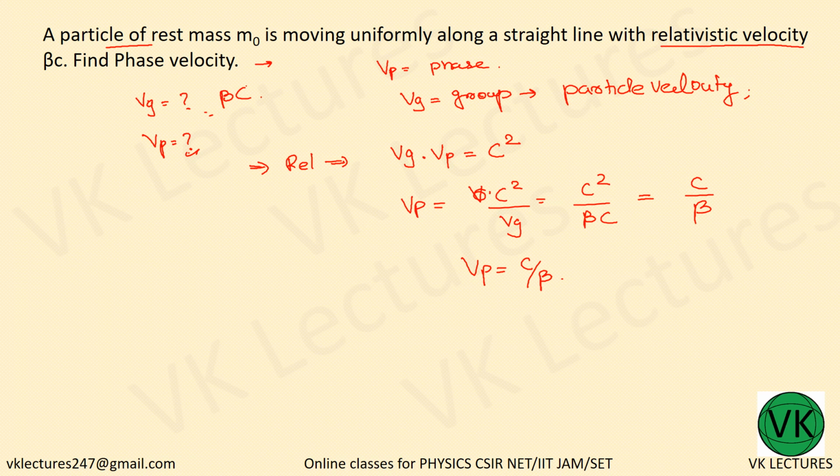Here also you can find out whether it is normal or anomalous dispersion. Beta value is always less than 1, which means Vp is greater than Vg. So this corresponds to normal dispersion.